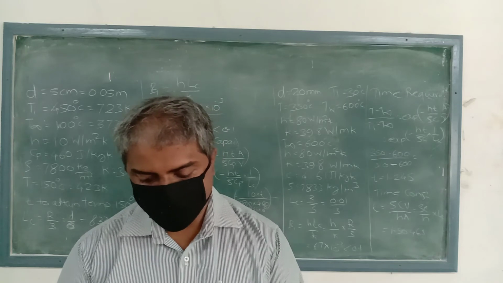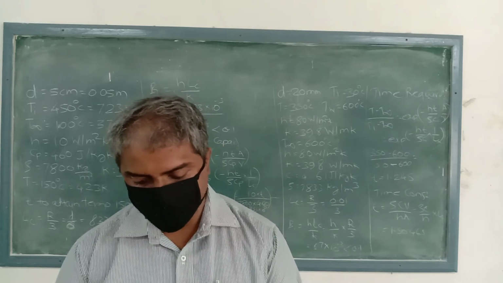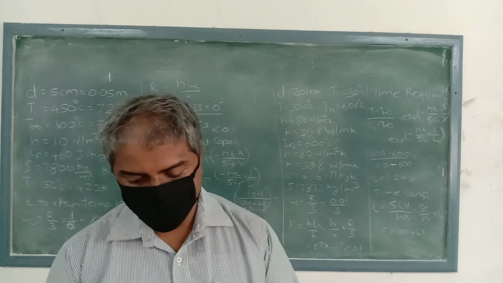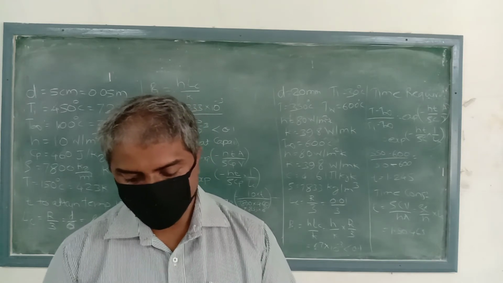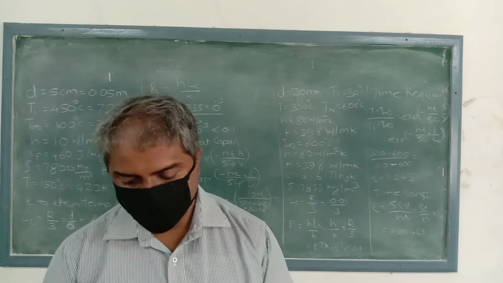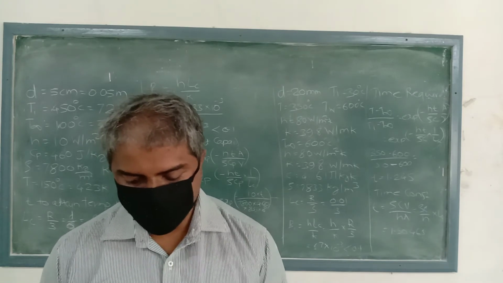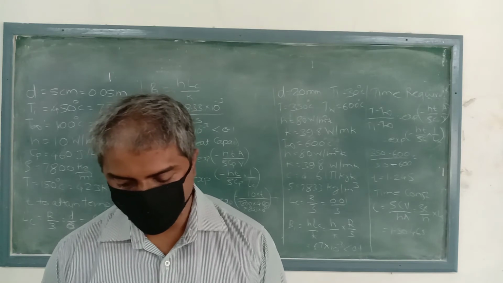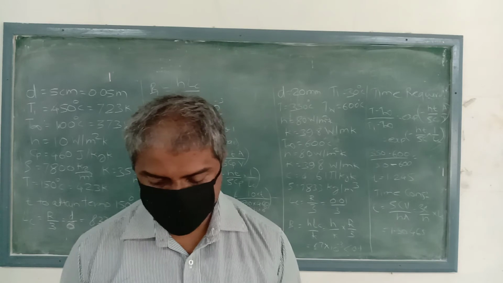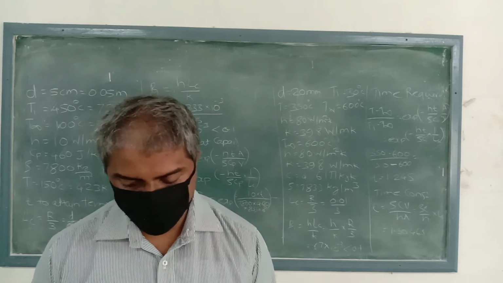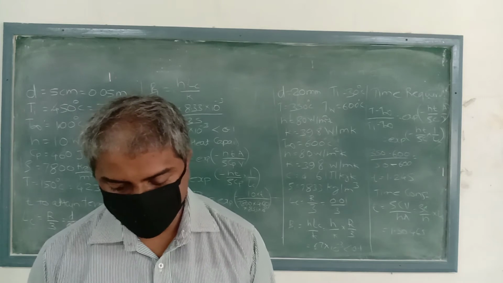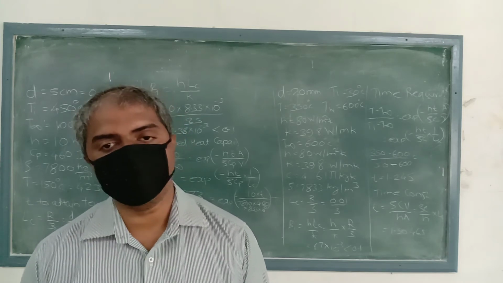The thermal conductivity, specific heat and density are 39.8 watt per meter Kelvin, 4.61 joule per kg Kelvin and 7833 kg per meter cube. Verify whether lumped heat system analysis is applicable for this problem. Also determine the time required and the time constant.